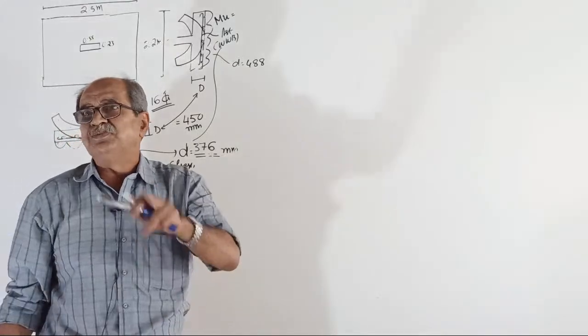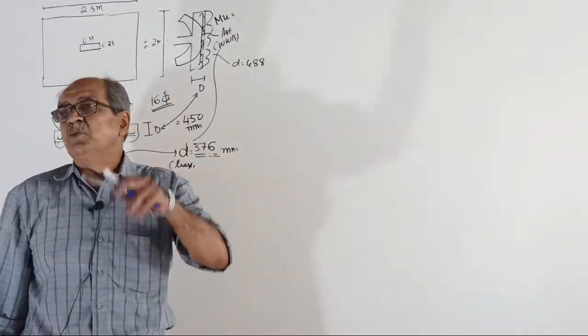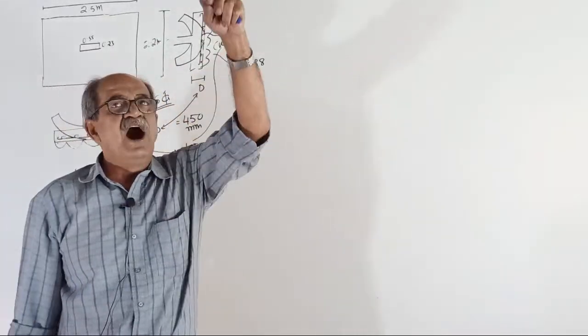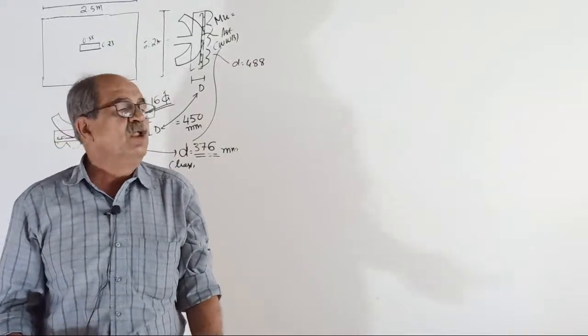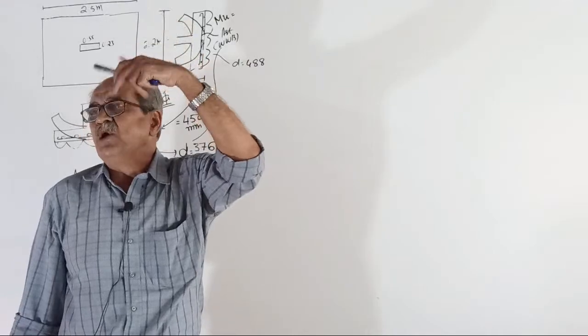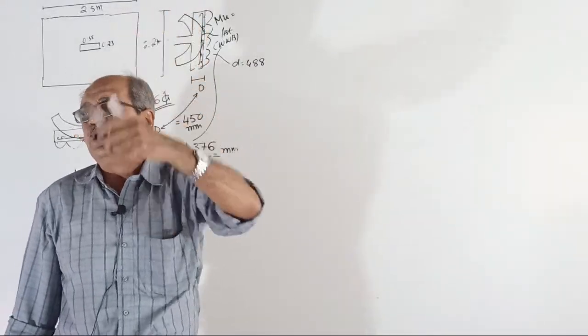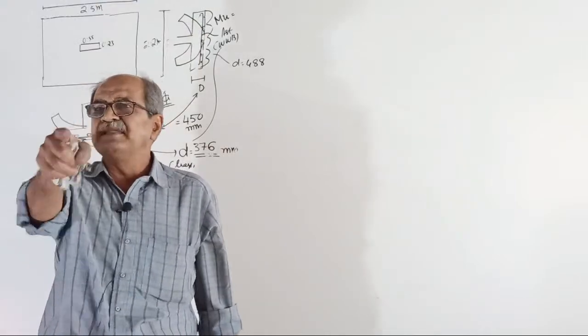You should consider factored BM. I told you repeatedly. You used working load conditions. Column axial load, vertical, and pressure also, you considered at working load. The BM you are getting is for working load, and without forgetting, you have to factor it. Remember, you made the mistake.